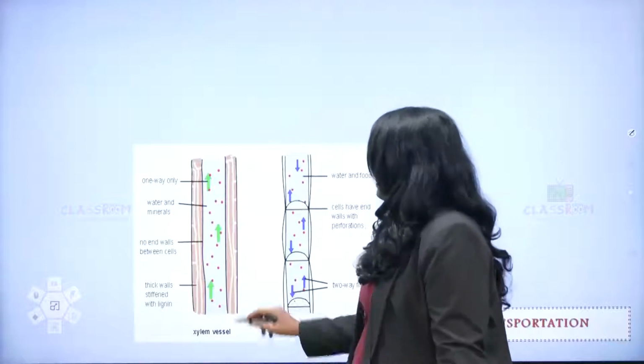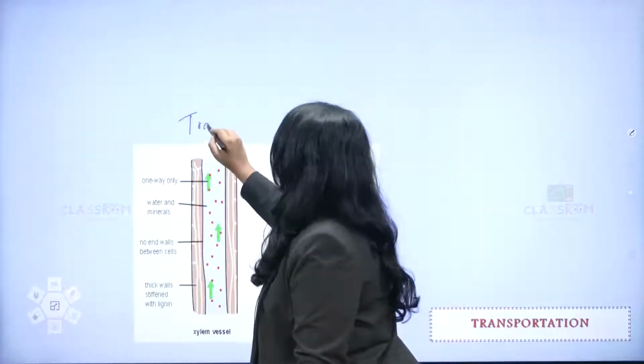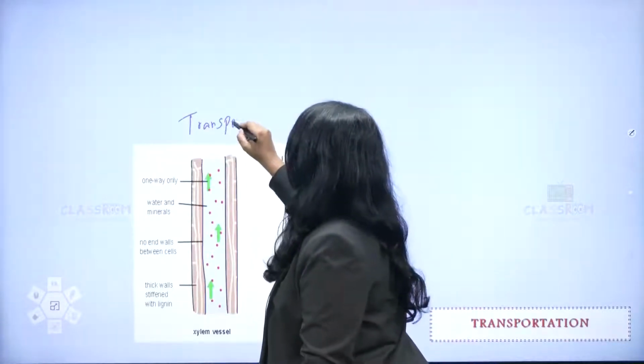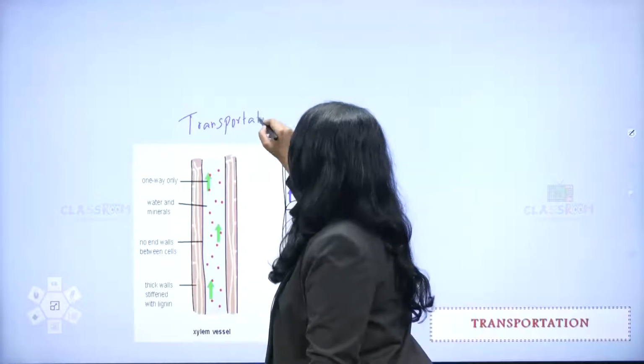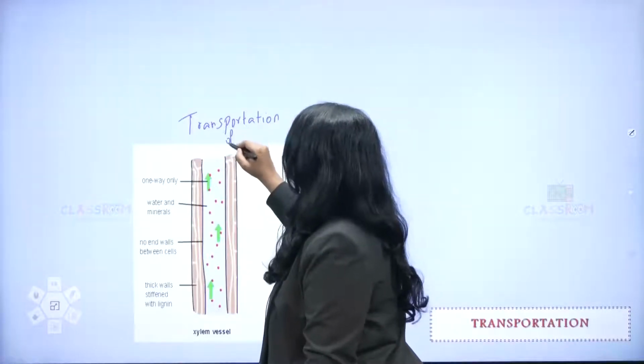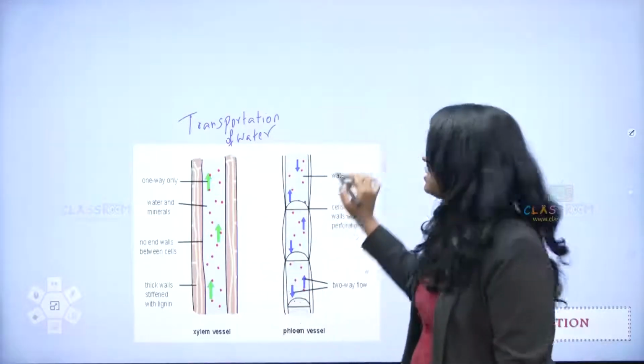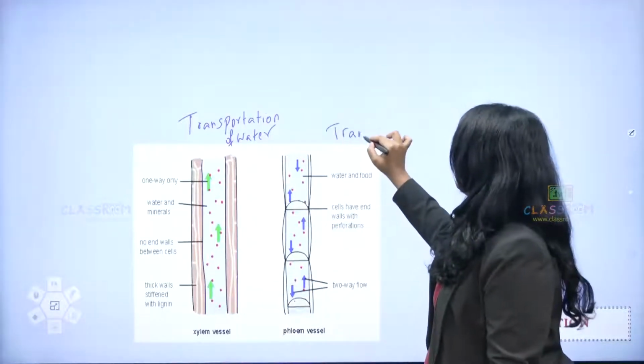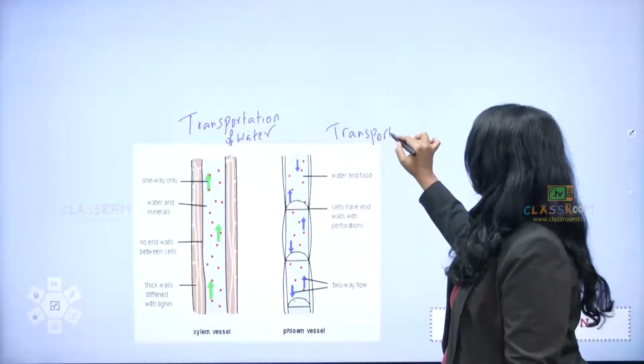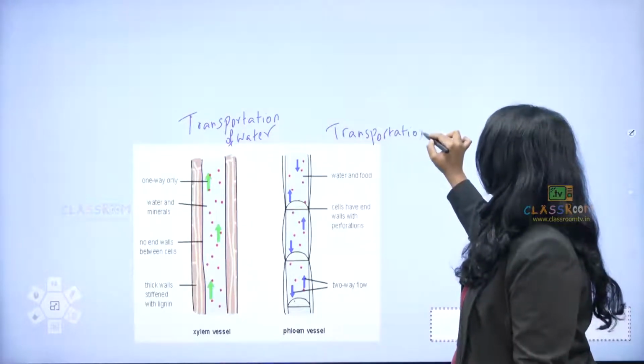So xylem helps in transportation of water, whereas phloem helps in transportation of food.